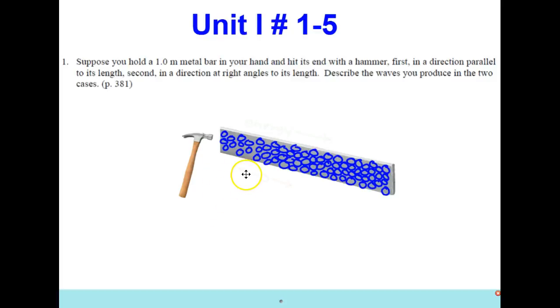We would cause the atoms that make up the metal bar to vibrate in a direction that is parallel to the length. In the meantime, the energy from the hammer striking the end of the metal bar would also travel parallel to the length as well.